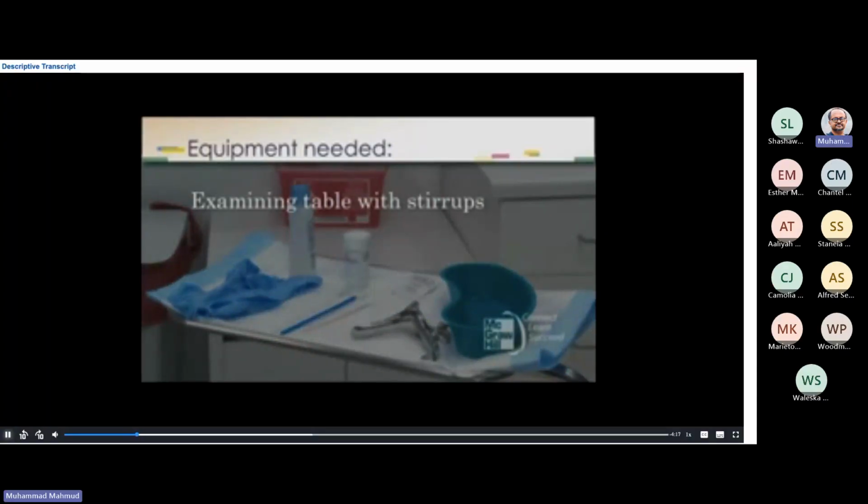Along with an examining table with stirrups, you will need a gown and drape, exam gloves, and laboratory requisition.